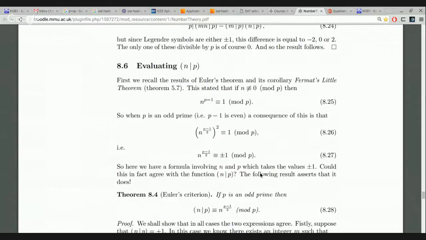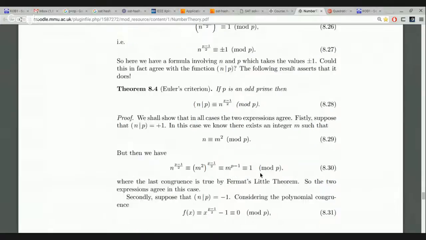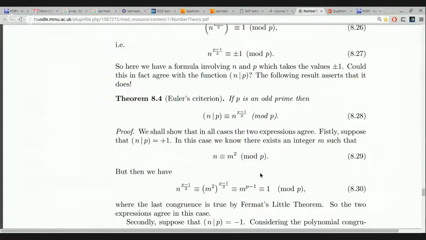So this is reviewing last time. We had Euler's criterion. These are different ways we're coming at evaluating the Legendre symbol. With Euler's criterion, we found that this value, ±1, which is represented here, is congruent to the value you get when you raise n to the power of (p-1)/2.